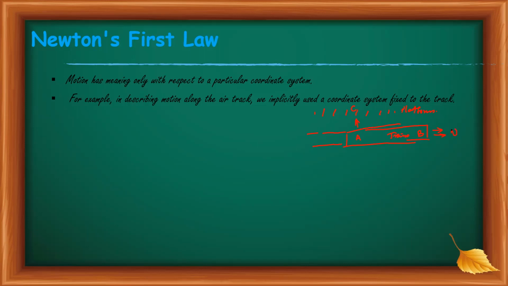If the train is moving with a velocity v, A feels that C is moving backward with a velocity v.